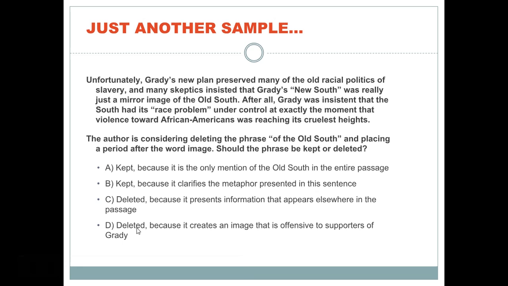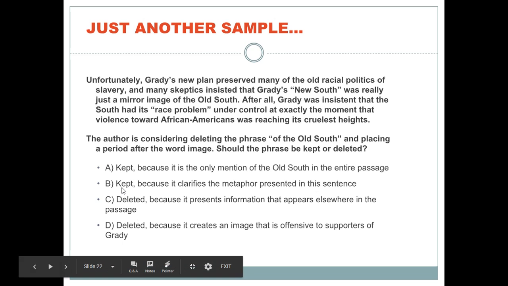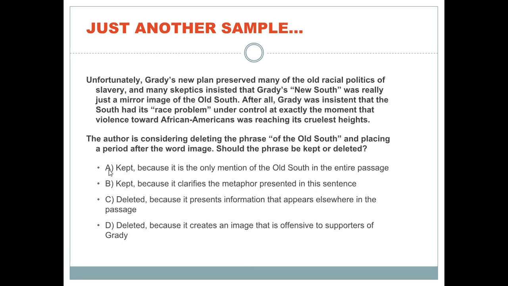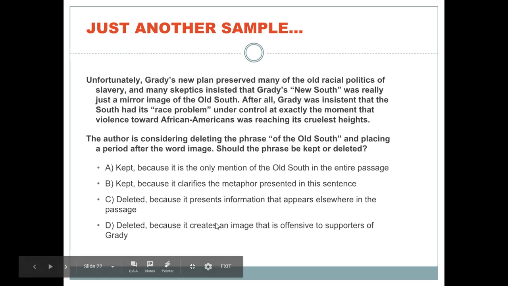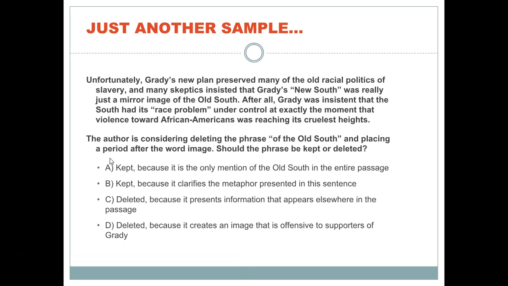Should we delete it? So first you need to decide whether to keep it or delete it, and then you need to decide which explanation is better. I think you could sort of solve this by yourself and then look at the choices, or look at the choices and then figure out the answer through that. Either one could work. I think for this particular question, just going through the options is the easiest way to solve.